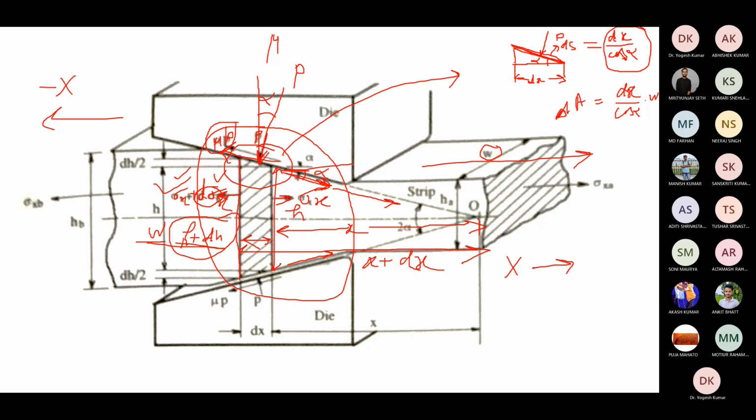Okay, now what we are trying to see are the opposing forces. We have two forces.